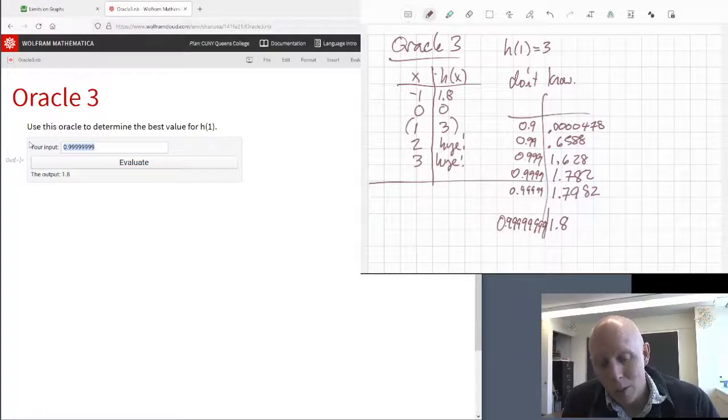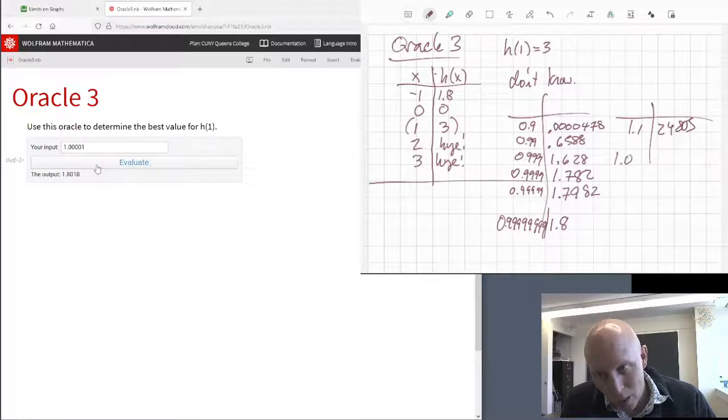What happens if we look from the other side? What if we look at 1.1? That gives us 24,805. We know that we need to get really, really close. So let's go 1.00001, which gives us 1.8018. It looks like we're getting really close to 1.8.